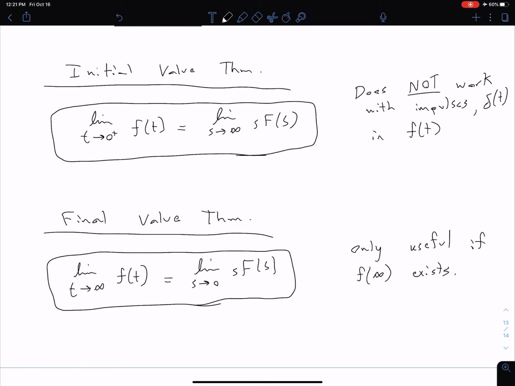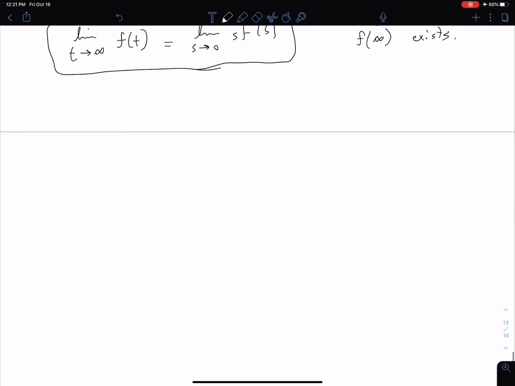We then have a restriction for both of these theorems, and it relates to something called the poles of our system. I'll come back and describe this in a little more detail in a second. Both of these theorems only hold if our poles are in the left half complex plane.